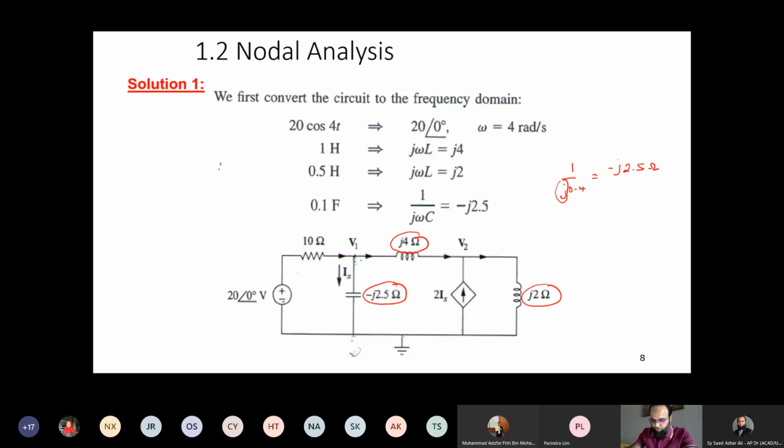If I write the equation at V1, normally I take the currents away from the node, but since there is an arrow mentioned here, it will be this source minus V1 upon 10, then V1 upon minus J2.5, and V1 minus V2 upon J4.